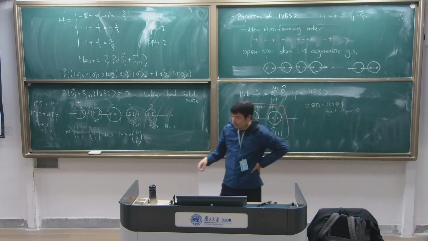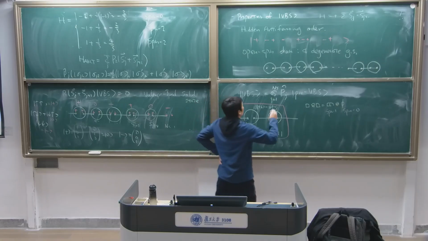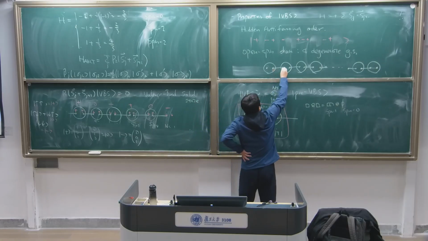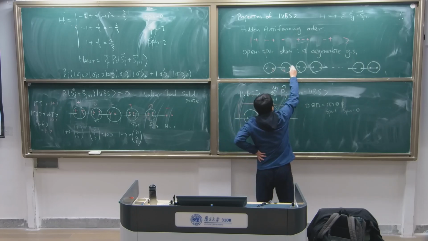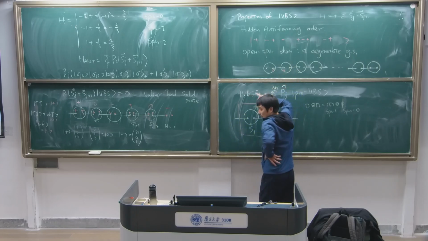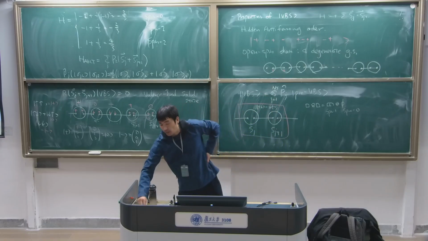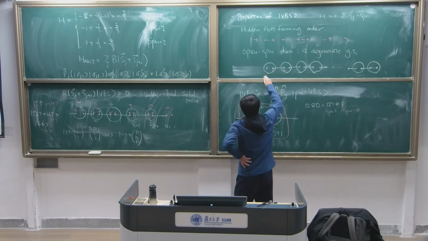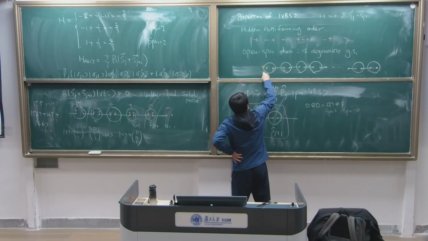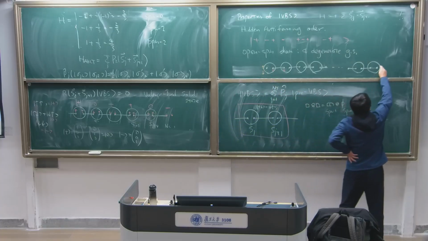Here you always have a spin 0 state, so there's some correlation in the bulk. But at the edge, you can have plus or minus, spin up or spin down.